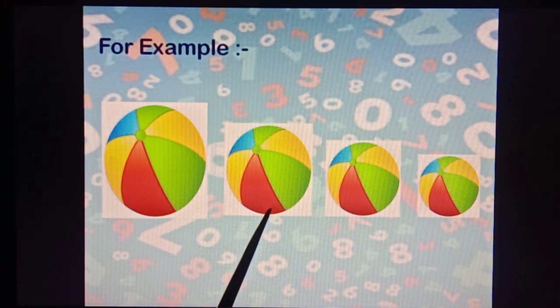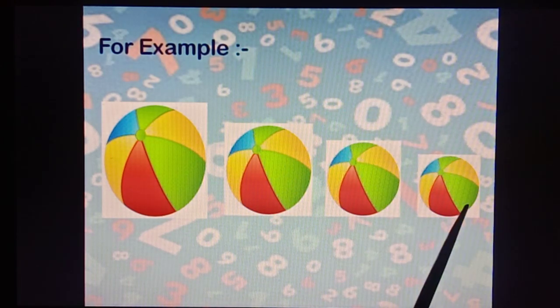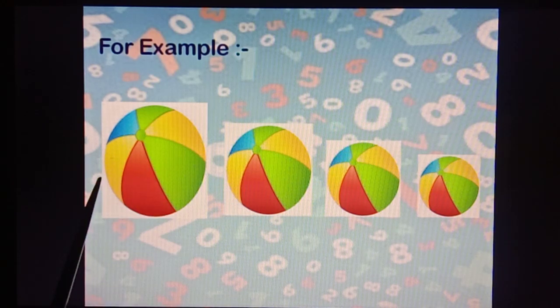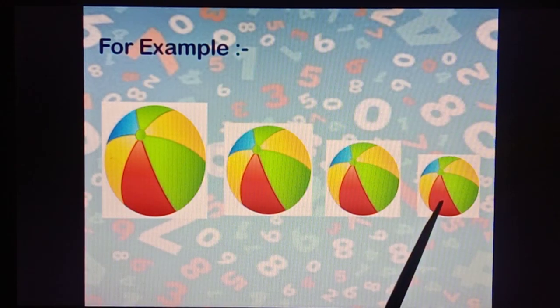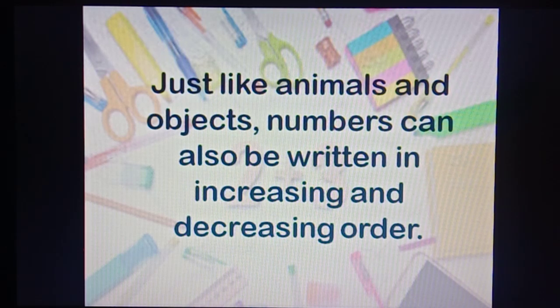Then this is smaller, then this is smaller, and then it is the smallest. So they are from the biggest to the smallest and they are in decreasing order. Just like animals and objects, numbers can also be written in increasing and decreasing order.